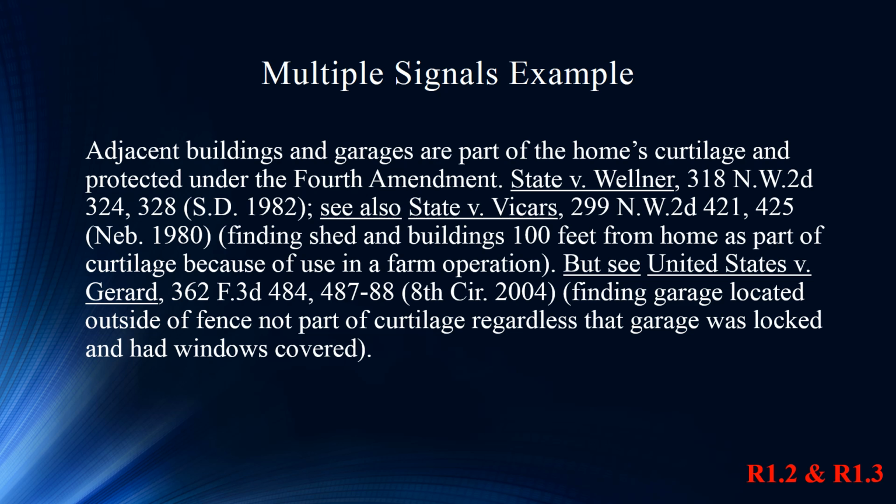Then the writer includes a see also signal and a cite to State v. Vickers, an additional case that supports the writer's point. Finally, the writer includes a but see signal and a citation to U.S. v. Girard, a case that supports a proposition contrary to the earlier cases. This concludes Bluebook video number 17.